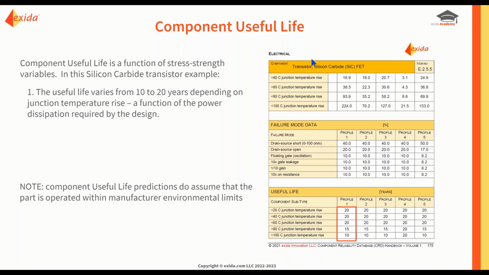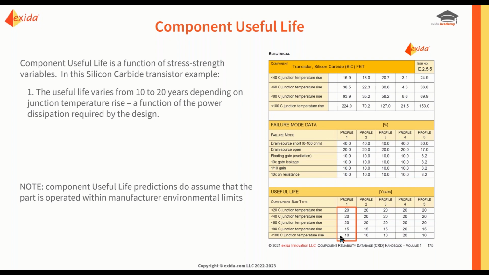I see right away that the useful life is a function of stress. If I'm going to operate this thing at 20, 40, or 60 degrees C, I'm going to get a 20-year useful life. But if I'm going to run it at a much higher stress level, the useful life drops to 10 years.